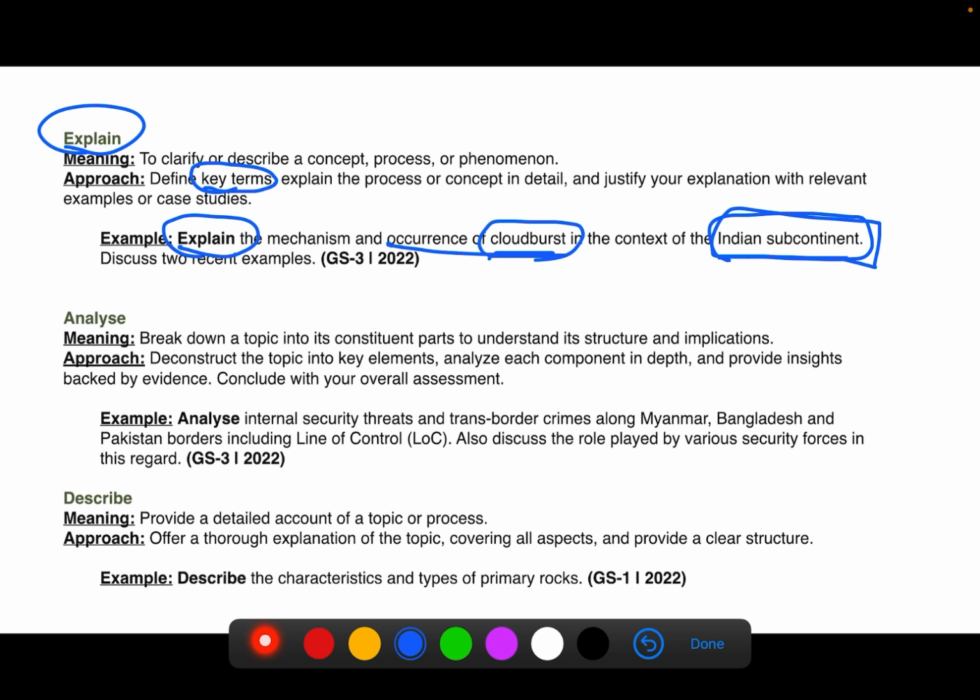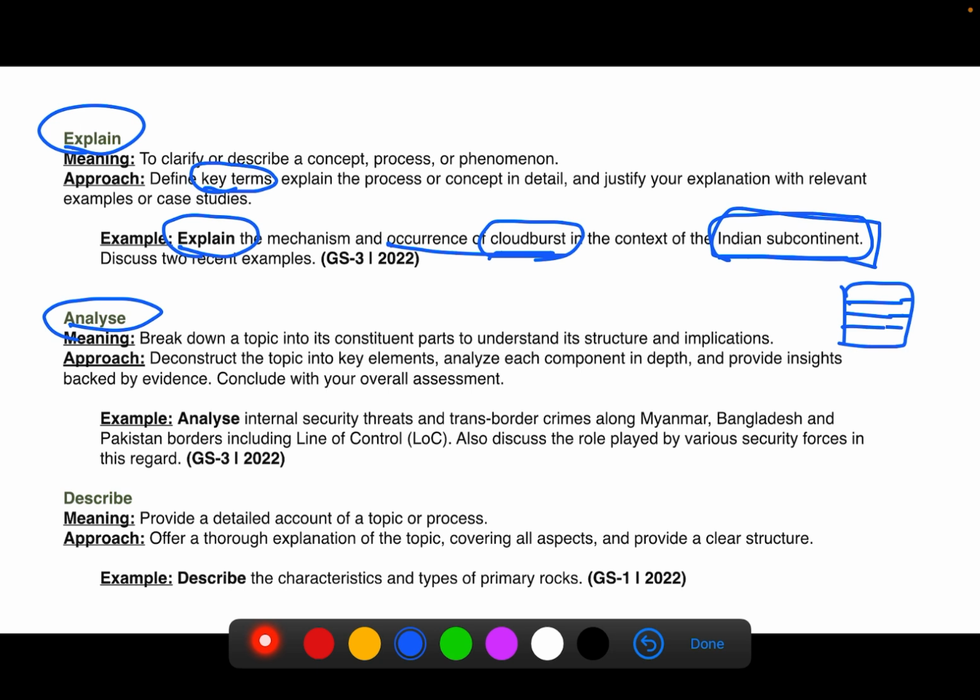The next one is analyze. Analyze essentially means dividing a comprehensive topic into subcomponents and addressing each of them independently for a detailed, logical understanding.